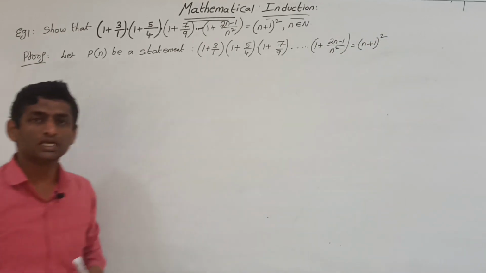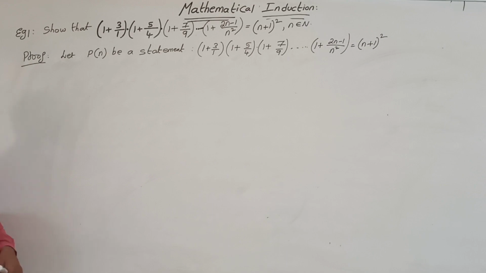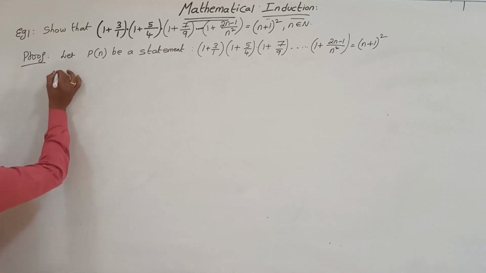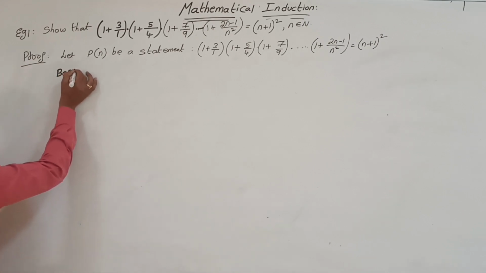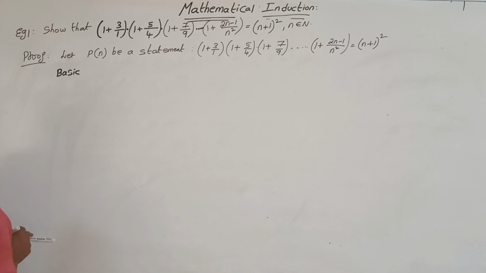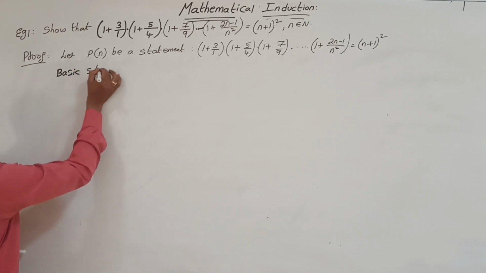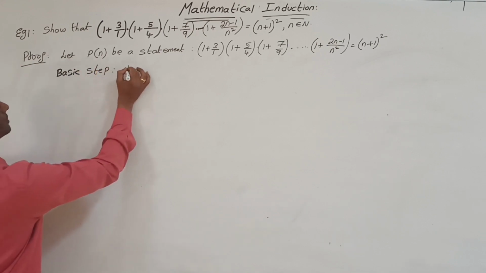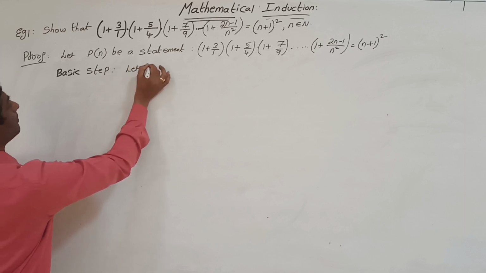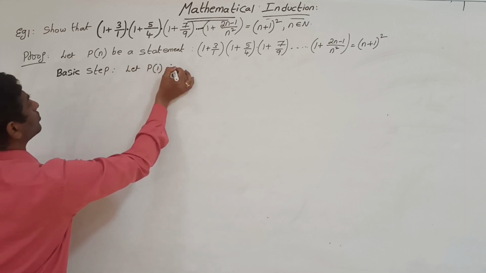So this is our statement. Now by using the principle of mathematical induction, we have to go for 3 steps. So what is the basic step? Basic step. So let P of 1 is true.